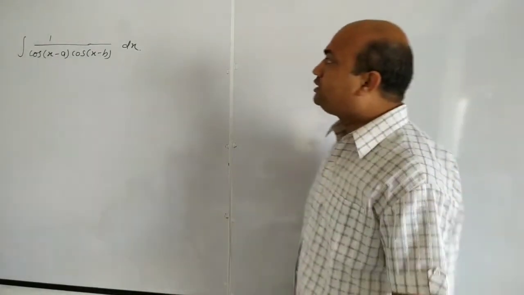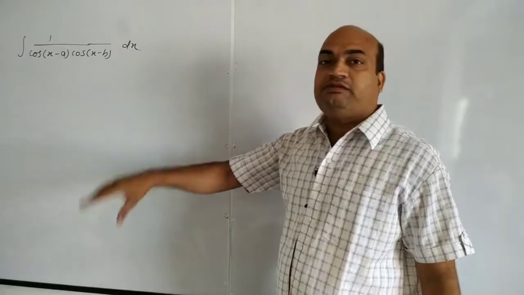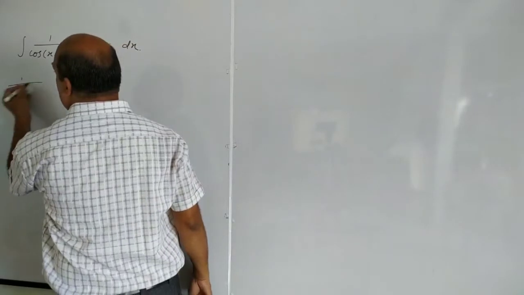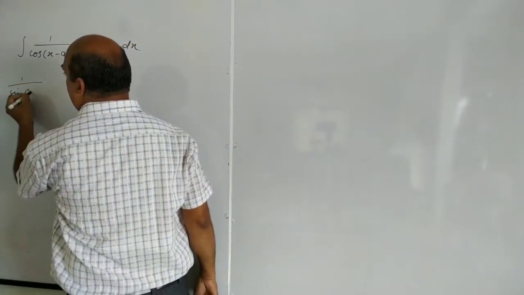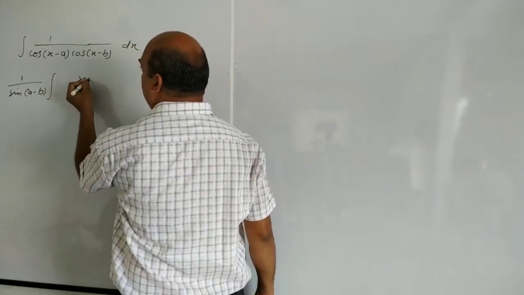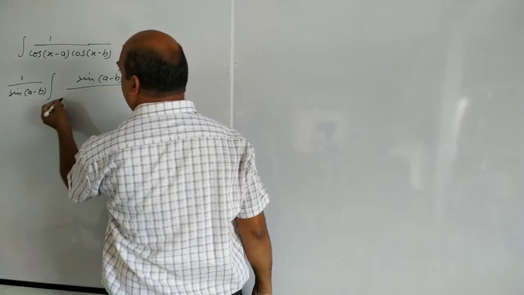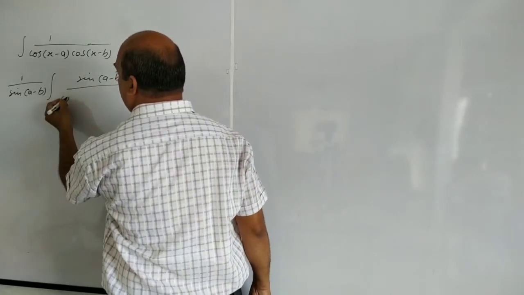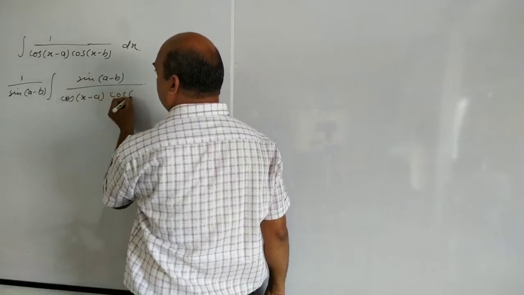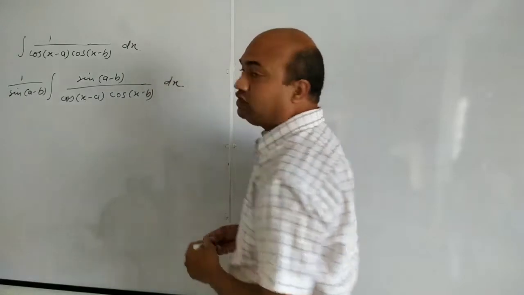Integration 1 upon cos(x-a) into cos(x-b), multiply and divide by sin(a-b). What we have done here?